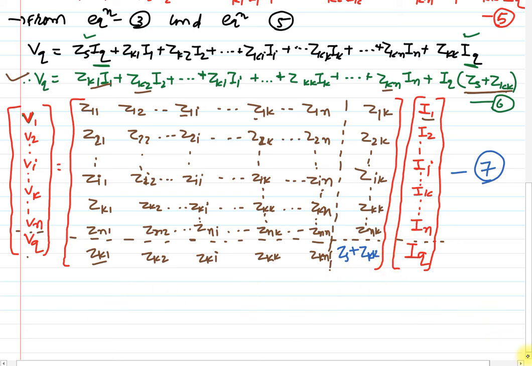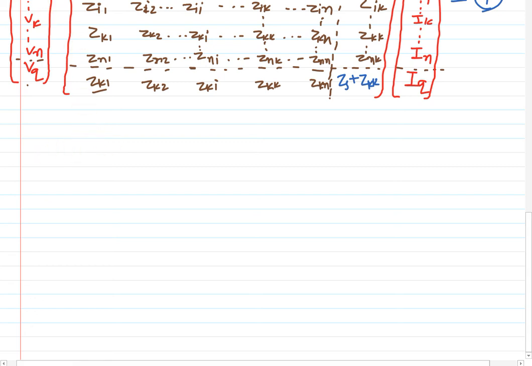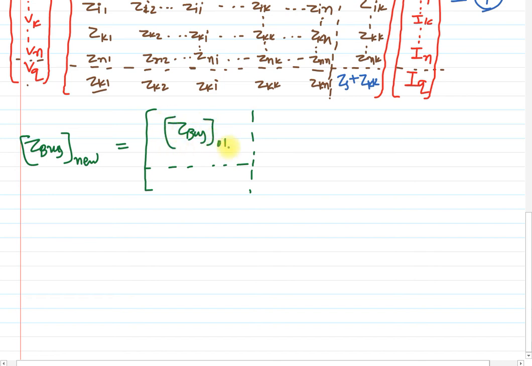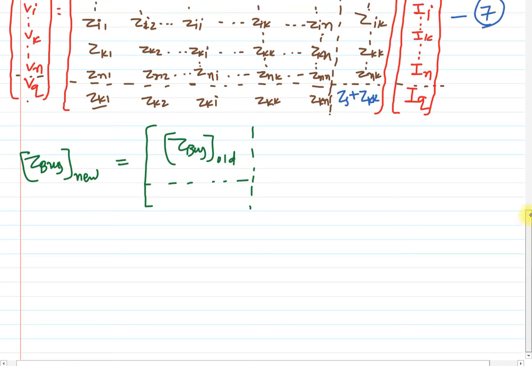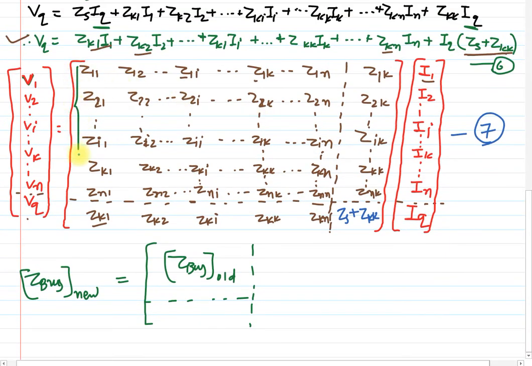Or in generalized form I can write here, after addition of tree branch Zs into the old bus k, we will get the updated Z bus matrix, which is Z bus new, which is equal to Z bus old. Just look at over here. This matrix will be as it is as your previous network.